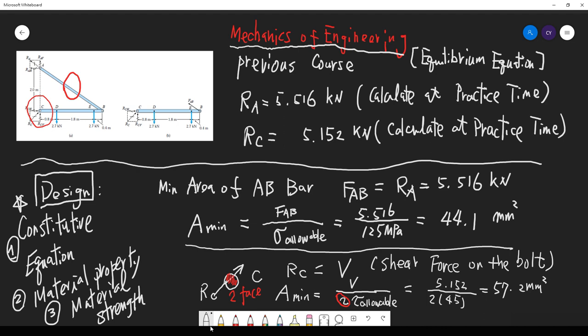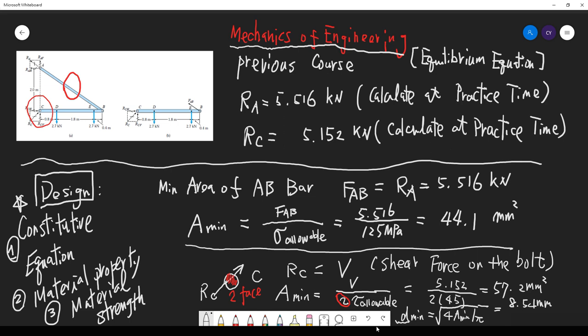So this is the minimum area, and the minimum diameter is equal to the square root of 4A minimum divided by pi, equal to 8.54 millimeter.